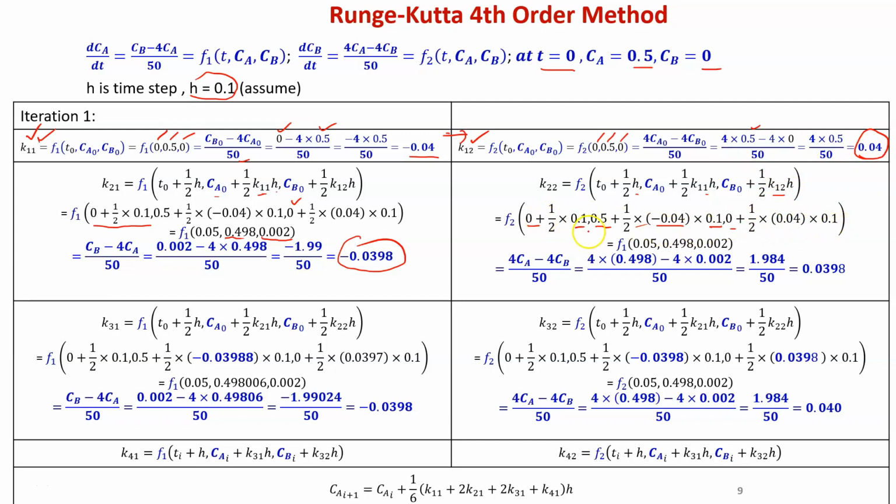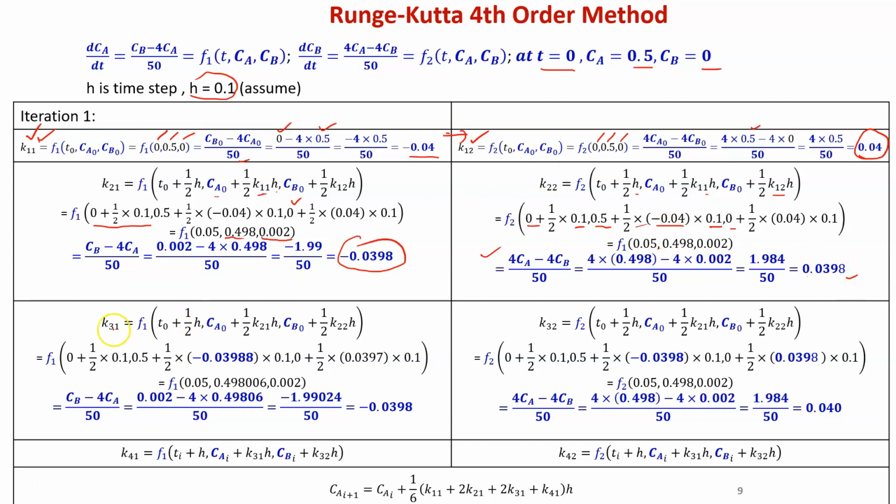Ultimately T will be 0.05, CA will be 0.498 and CB will be 0.002. Now we know the equation (4 CA minus 4 CB) by 50, that will be 4 into 0.498 minus 4 into 0.002 by 50. Ultimately we will get the value after doing the calculation. K22 will be 0.0398.